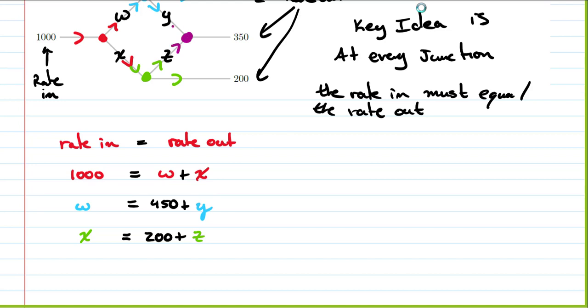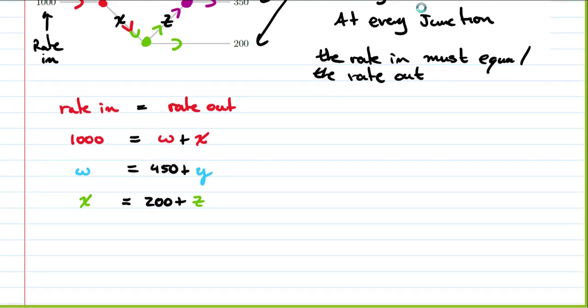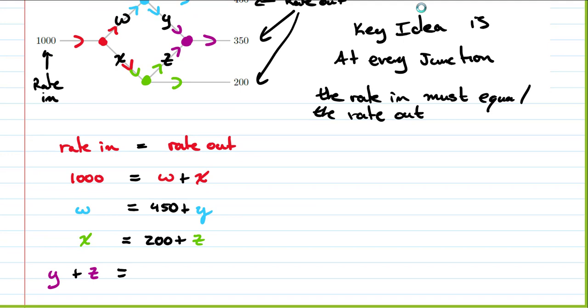Coming into this intersection, we have two things happening. Who's coming into that intersection? Y and Z, right? So we have Y plus Z, and they have to equal, well, how many cars are leaving the system after that intersection? 350.